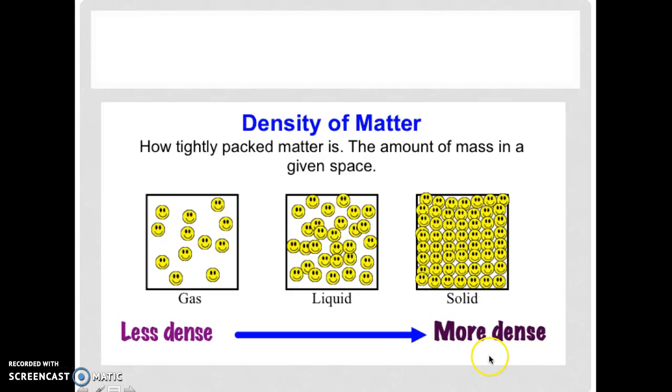Solids are the most dense, and liquids are more dense than gases. So this is how we can compare. The lower the number, the lesser the density, and the higher the number, the more the density.